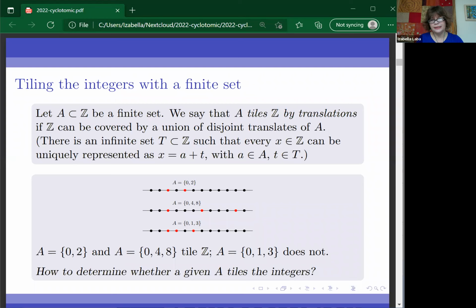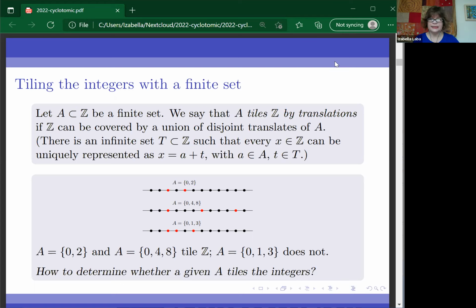You could do the same sort of thing that I did for {0, 2}, so put the next copy at {1, 5, 9}, and then repeat that pattern. Or else you can observe that {0, 4, 8} is a complete set of residues mod 3, so you can just repeat that pattern, and that's going to be a tiling of period 3. The set {0, 1, 3} does not tile because there's no way to plug the gap at 2.